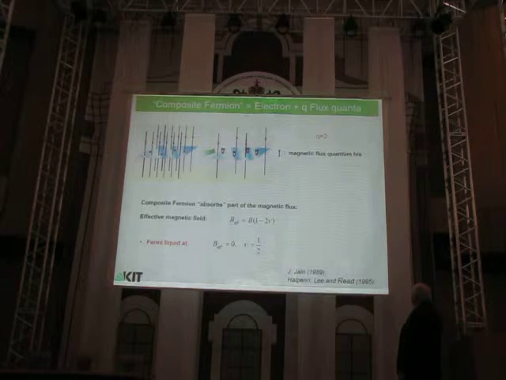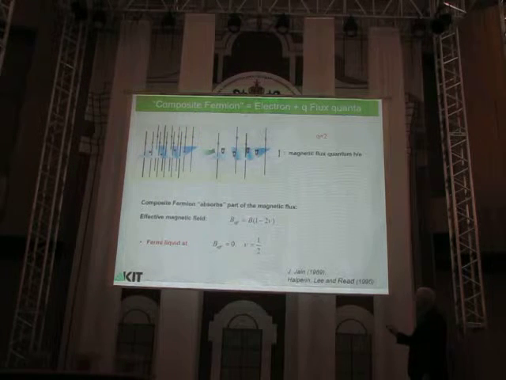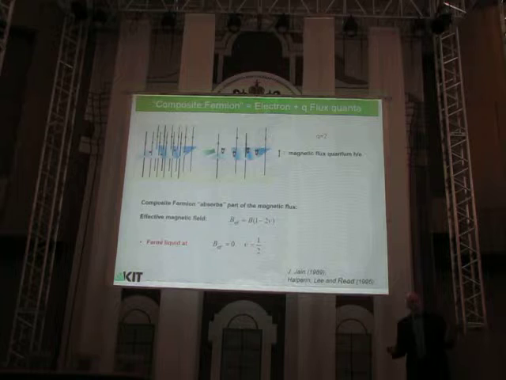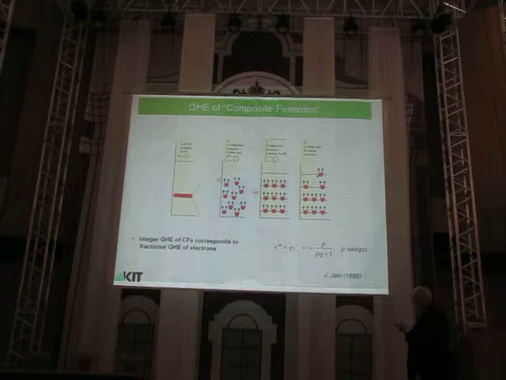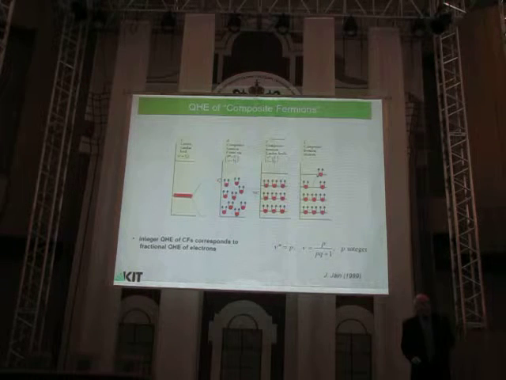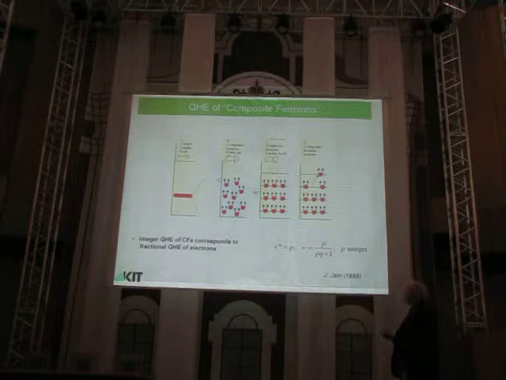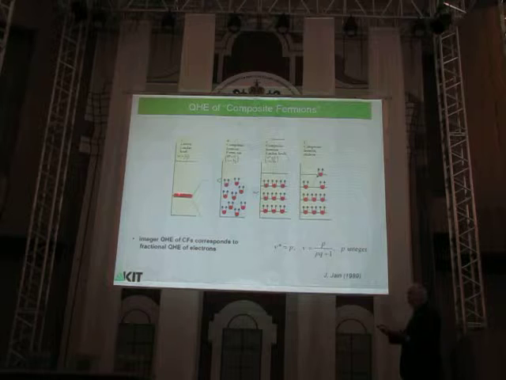Okay, if you deviate from 1/2, then there is a small magnetic field, and that will do whatever a magnetic field does to charged particles, namely it will quantize the energy levels. So what we have then is we start with electrons in the lowest Landau level, fractionally filled.